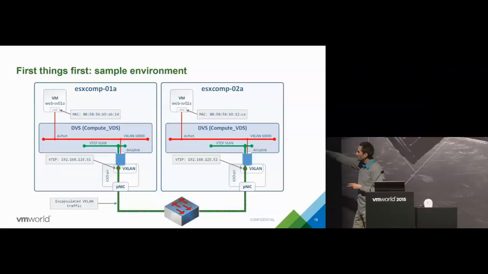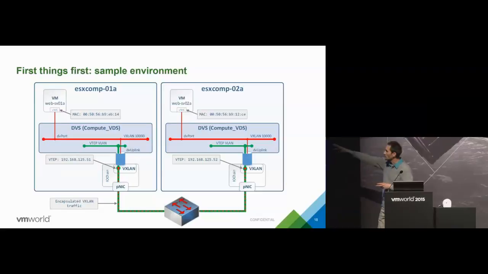There is a particular VLAN ID on this host, which is used by the distributed port group for the VTAP. So there's a DV port group where the VTAP lives, the green one, and that VLAN is present on your physical infrastructure. I'm drawing a very simple case where both VTAPs are on the same VLAN, same subnet.